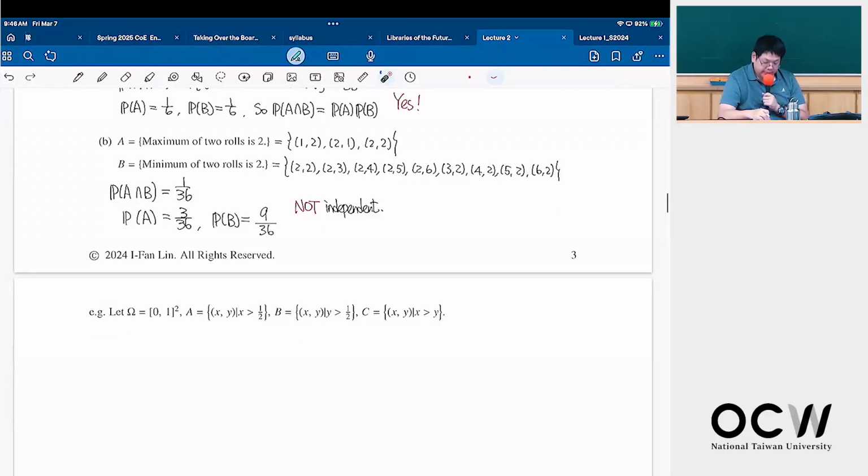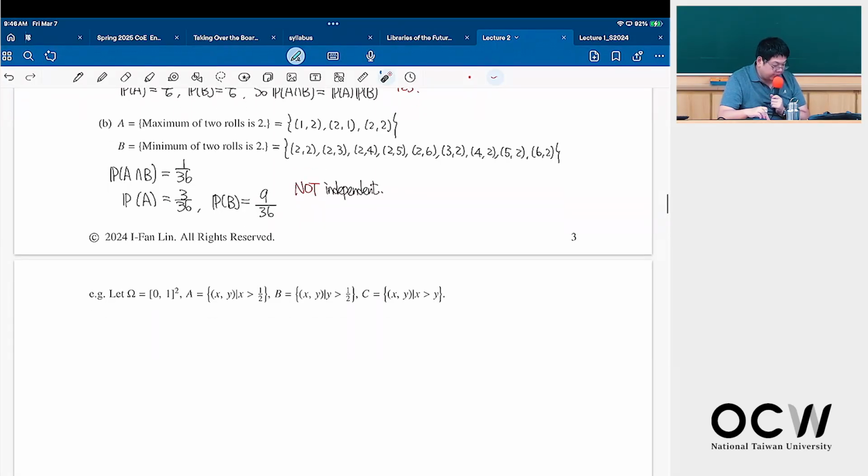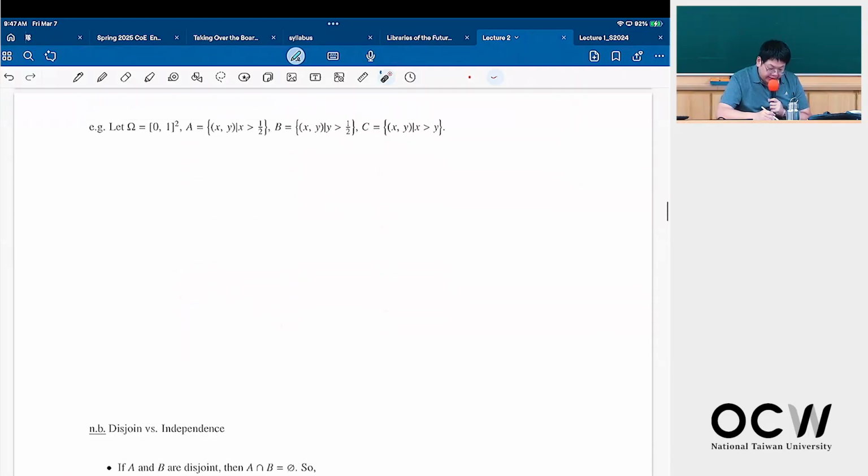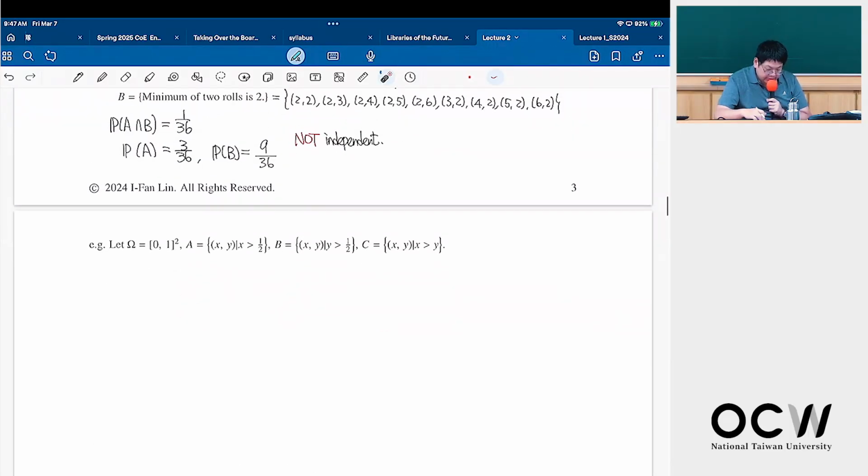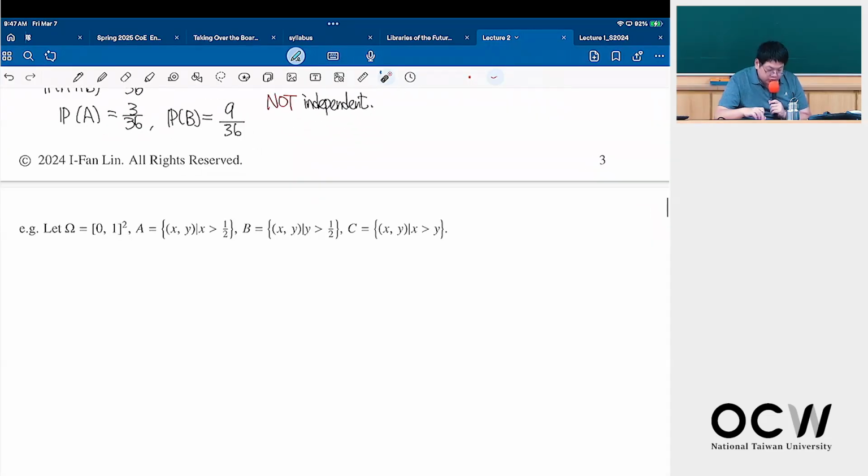Let's see another example. Now for the real line, to find the area, I have the universal sample space, that is the 0, 1 square. And here I have A, B, and C. Let's draw those areas.